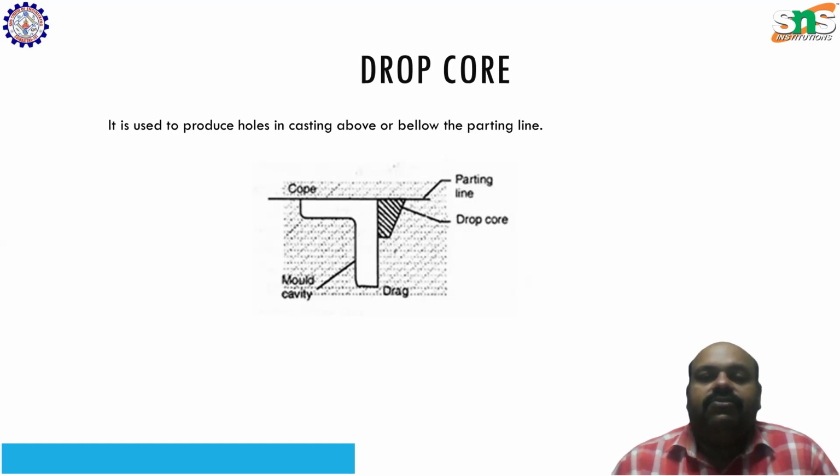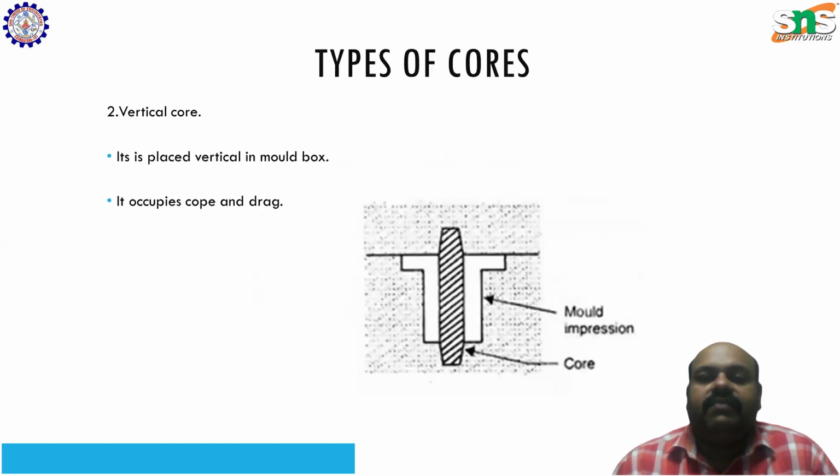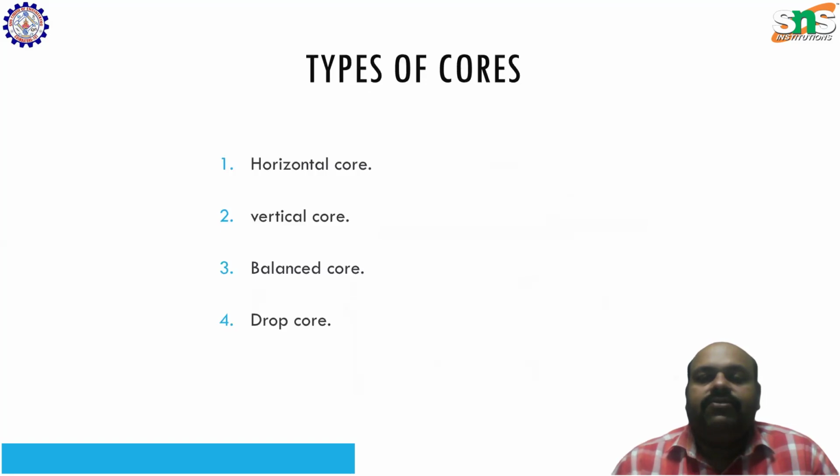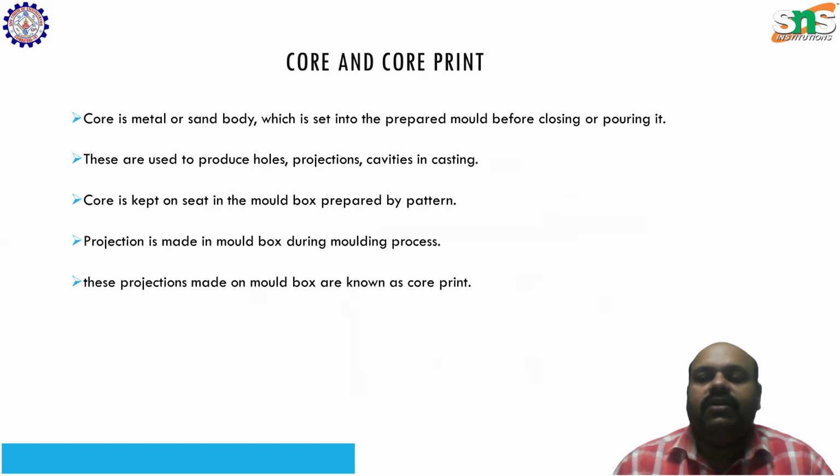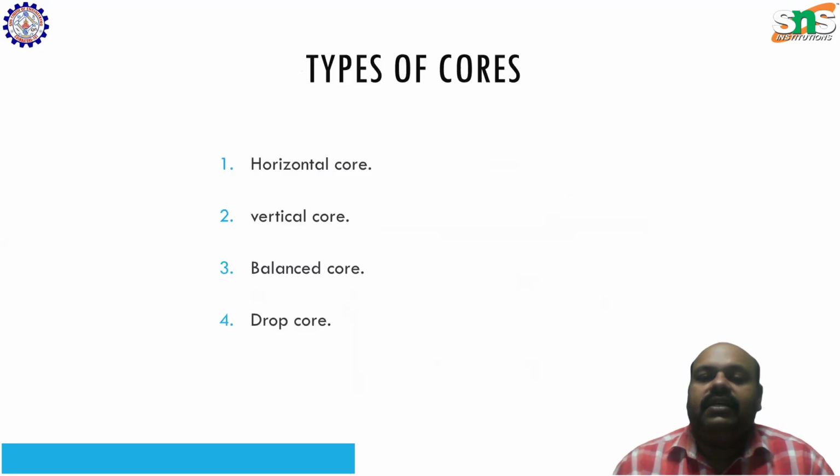Okay. So let me summarize what we have seen here. Number one, we have seen what is meant by core and core print. That is used to produce holes, projections and cavities. And the projection is made in the mold box during the molding process.